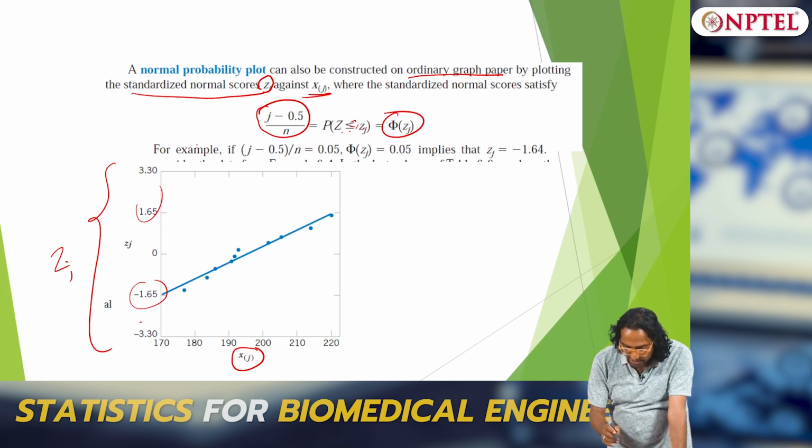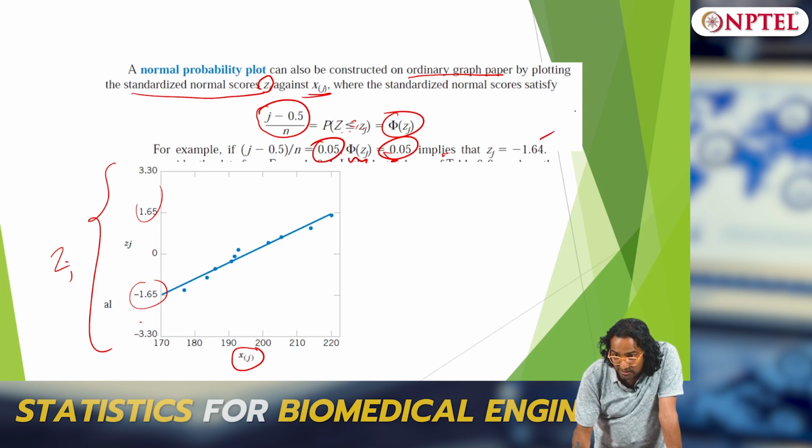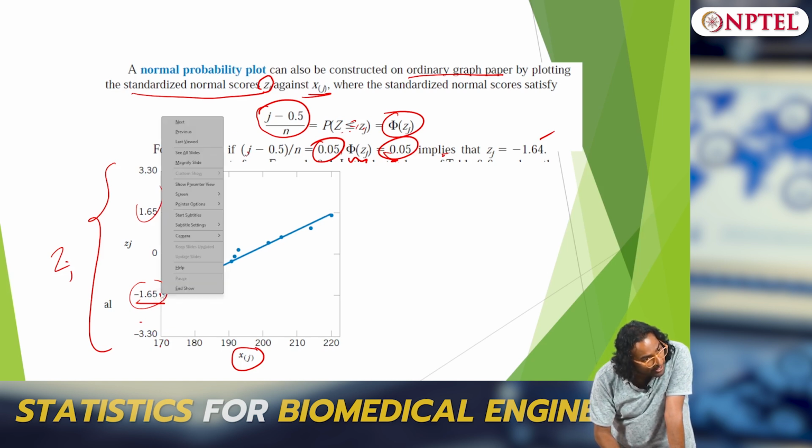For example, if (j minus 0.5) by n is 0.05, look for phi of Zj equal to 0.05; we know this is minus 1.64 or 1.64 for 95 percent. So the value corresponding to j here is minus 1.65, you understand.